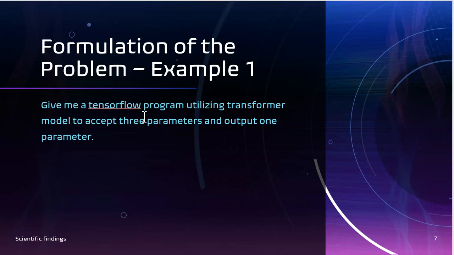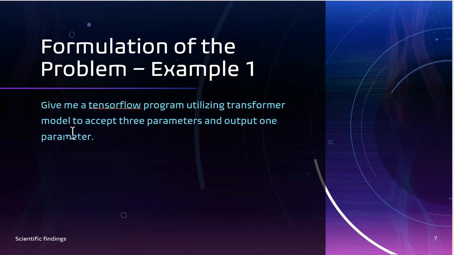There are other frameworks like PyTorch, but in this case we are specifically saying give me a TensorFlow program, and utilizing a transformer model. We need it to be based on the transformer model because that has been the most successful model so far, and ChatGPT itself uses a transformer model. And to accept 3 parameters and output 1 parameter.